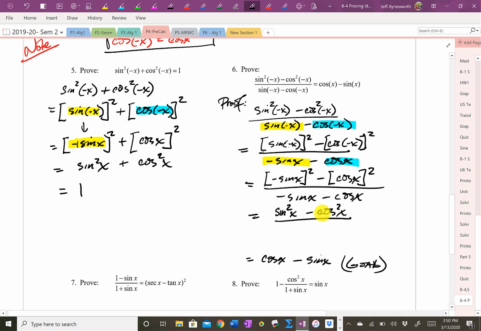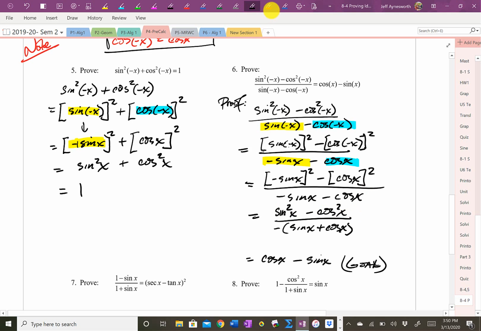And then over here, I'm just going to factor out the negative. They're both negative, so I'm going to factor out the negative. And what I notice is that sine x plus cosine x is actually a factor from above.